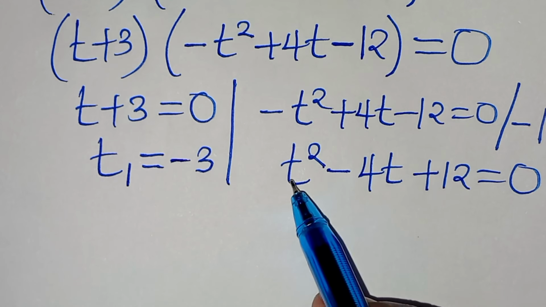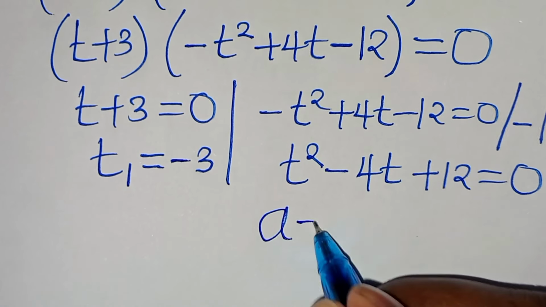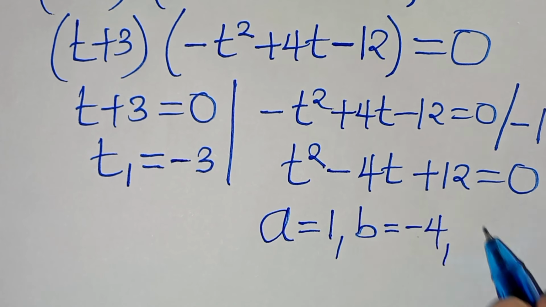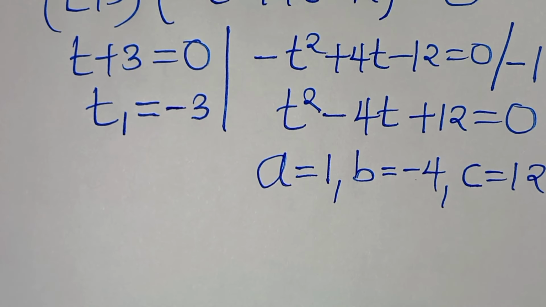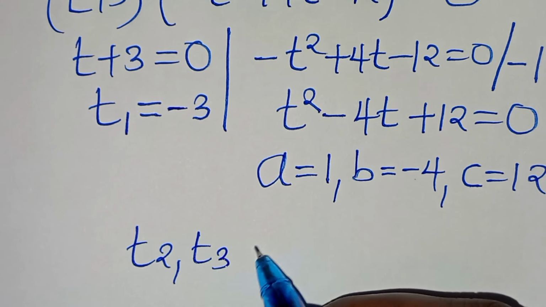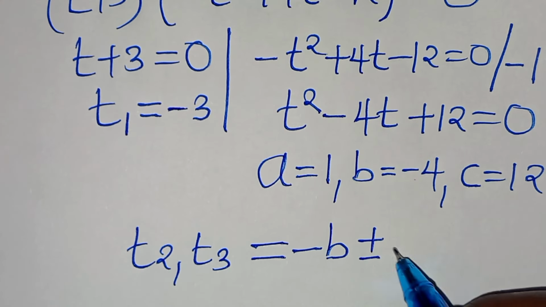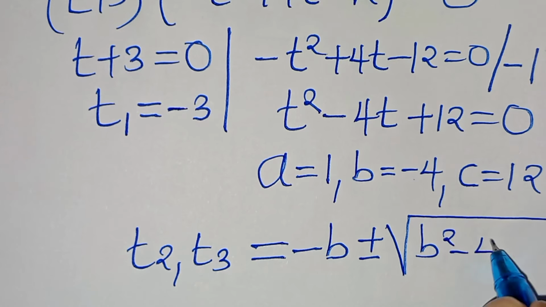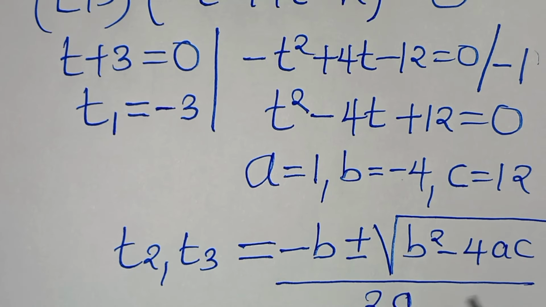Now, the second part here is a quadratic equation where a is equal to 1, b is equal to minus 4, and c is equal to 12. Now, we can solve for the values of t2 and t3 by applying the quadratic formula, which is minus b plus or minus the square root of b squared minus 4ac, everything divided by 2 times a.